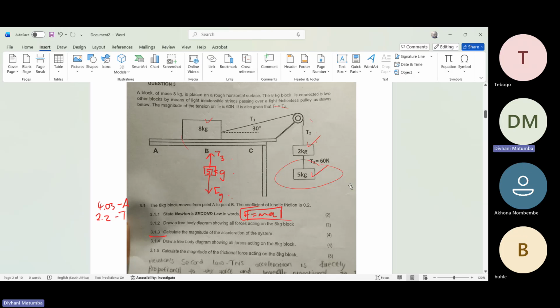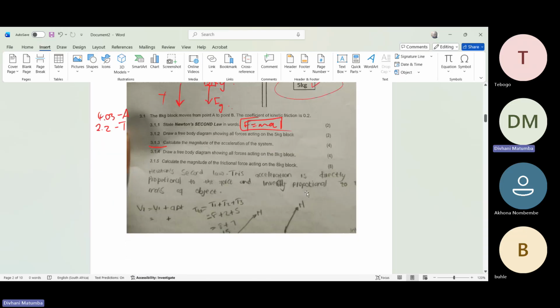Now, because we are dealing with vectors, we have to choose the direction. Usually your teachers advise you to choose the positive direction as the direction of acceleration, which in this case is downwards, because your system will accelerate downwards. Let us choose downwards as positive.